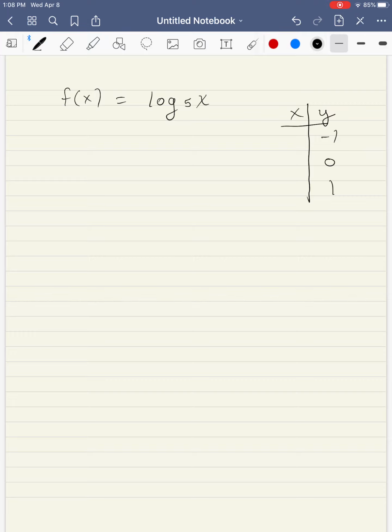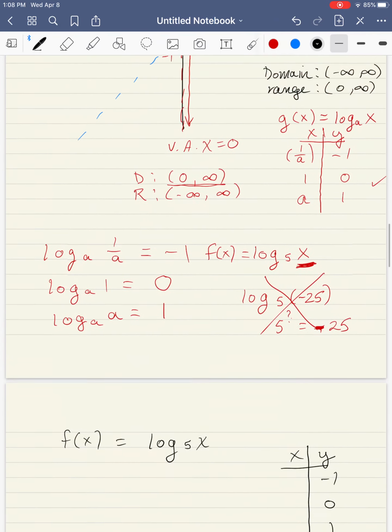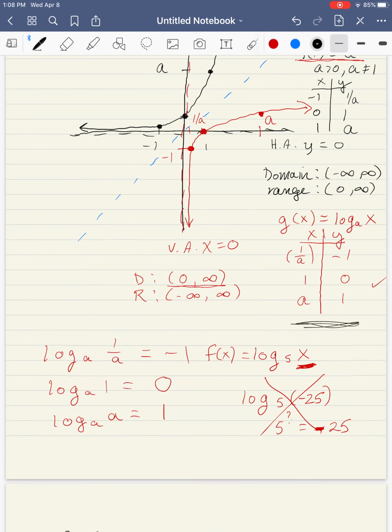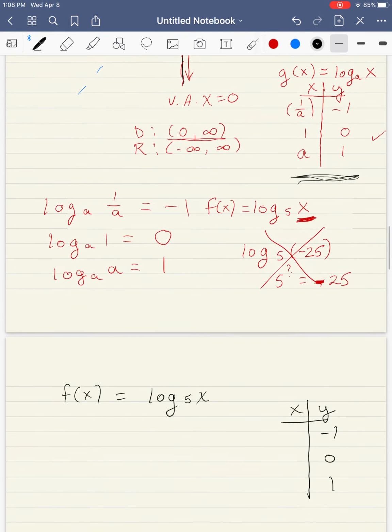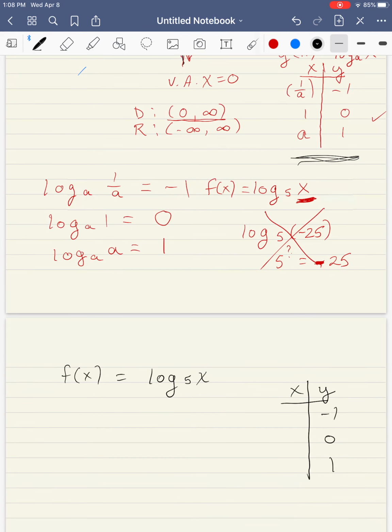I want you to write what x would be to give that y value. And if you need to look back and review what we saw here, you can do that. Write those 3 ordered pairs, and then draw your graph.